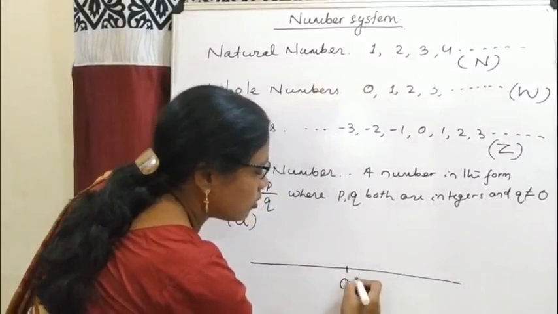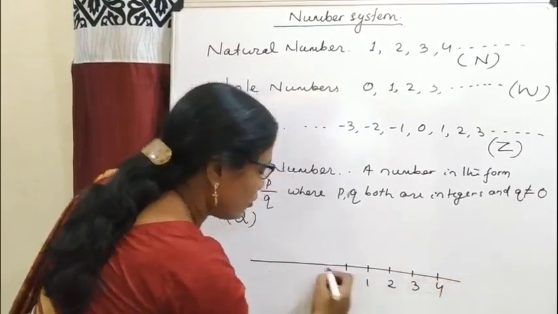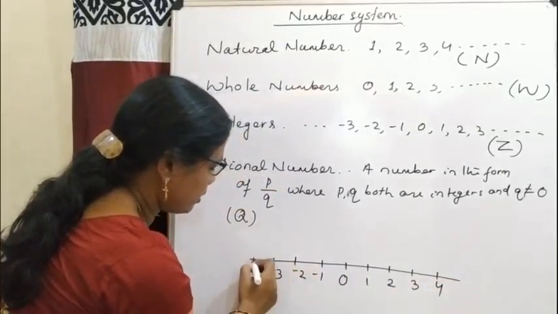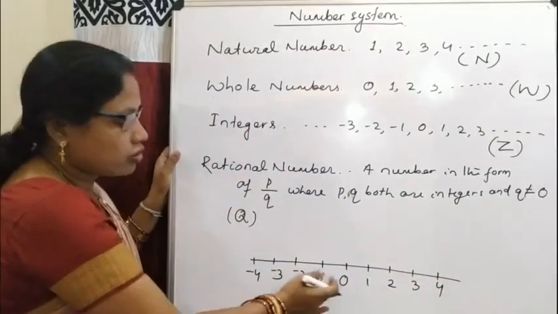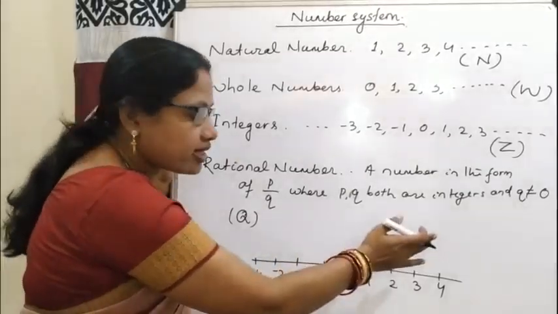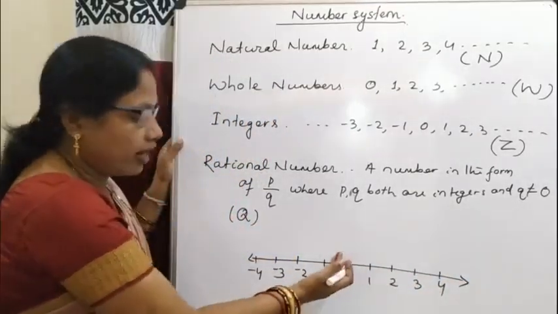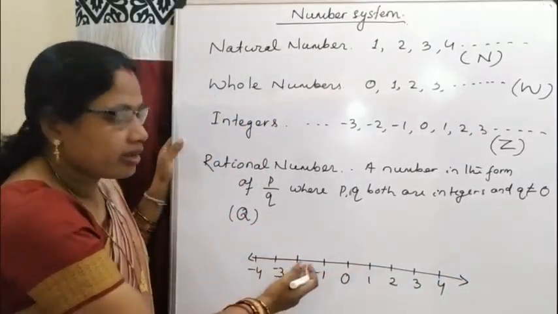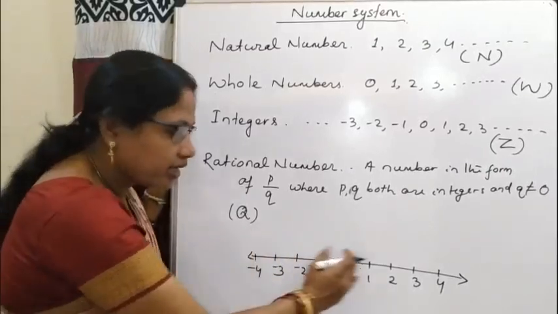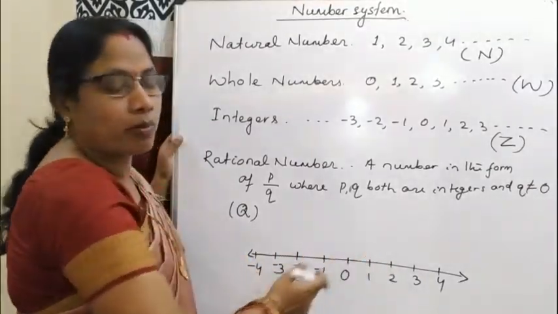So this is 0, 1, 2, 3, 4, -1, -2, -3, -4. So in the middle 0 is there. Towards the right side of the number line the positive numbers are there, and towards the left side negative numbers are there, and the numbers are increasing towards the right side along the number line.